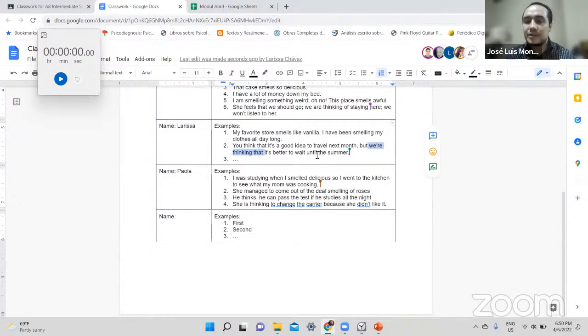What example can you give me with that? Something that is happening in your mind. For example, if I say this, Larissa, I'm thinking of eating now. It's like I'm closing my eyes and I'm thinking of that idea. It's happening in my head. That's what you need to tell me. So what idea can you tell me for the second part that shows that action in my mind, Larissa?